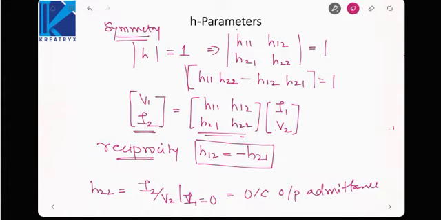But actually when it comes to a practical network, current must enter at one port and leave at the other port. That is why we have to introduce a negative sign in order to define the reciprocity. Reciprocity is nothing but if you interchange the response and the excitation, then their ratio must remain same. But as you can see here, current at both the terminals are entering. So you have to multiply one current by a minus sign in order to make that current leaving. Okay.